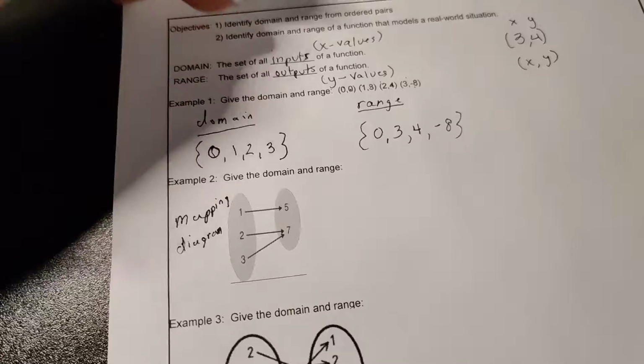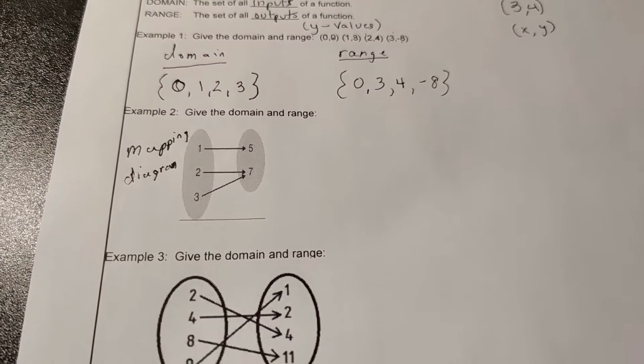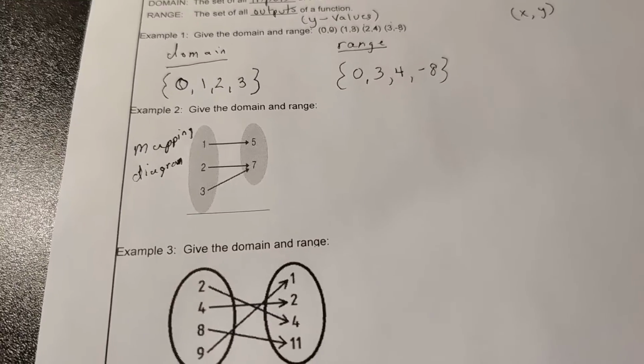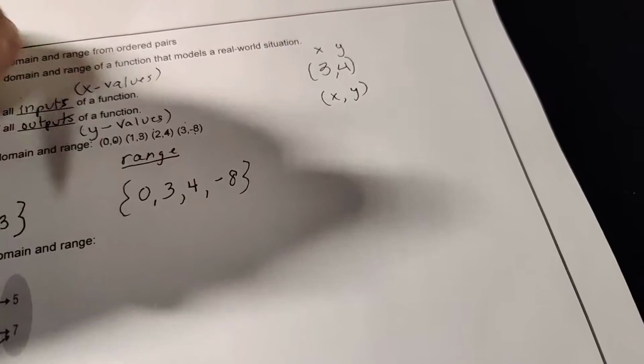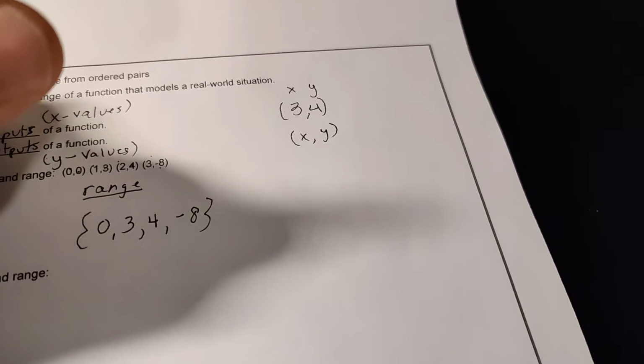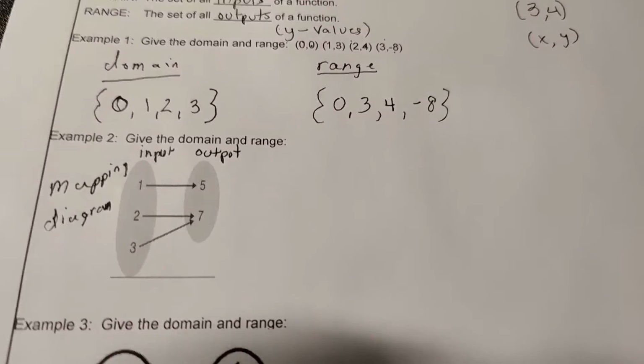So what you might find helpful here is if we convert from a mapping diagram to just a set of coordinate pairs. In order to do that, we're going to take our input and match it to our output.